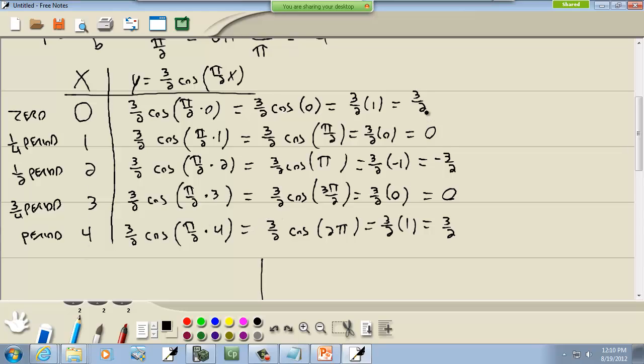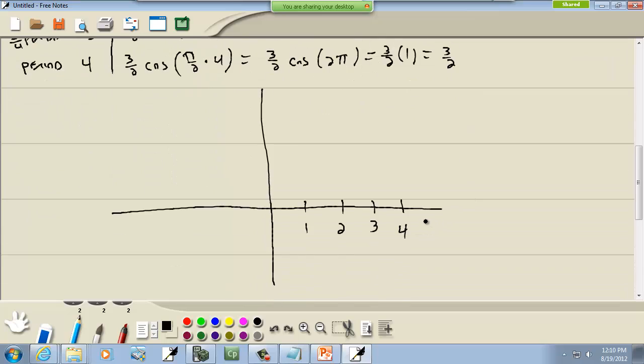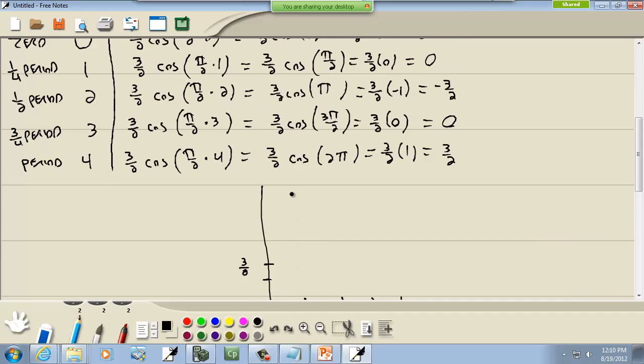And it looks like it goes to 3/2 and down to -3/2. 3/2 is 1.5. So if that distance is 1, 3/2, there's 1 there and another half. This right here will be 3/2. And this distance right here will be -3/2.